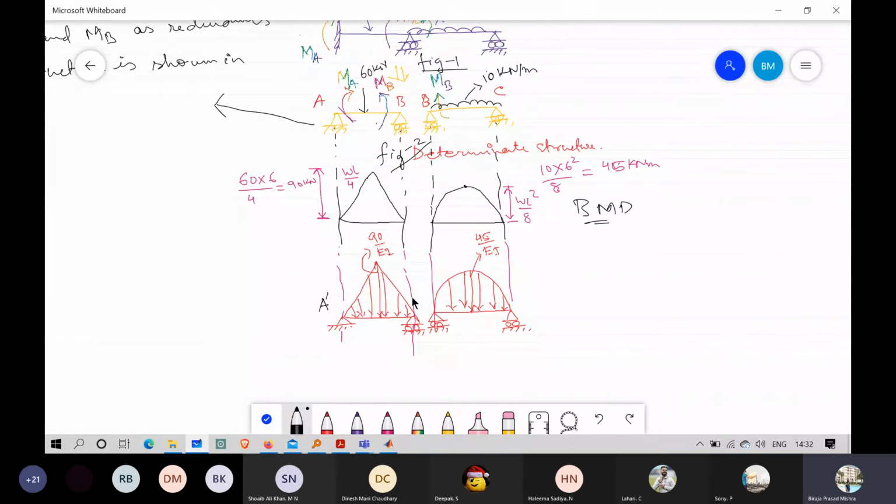Since this is not the exact beam but a conjugate beam, let us say this is A dash, B dash, again B dash, and this is C dash.